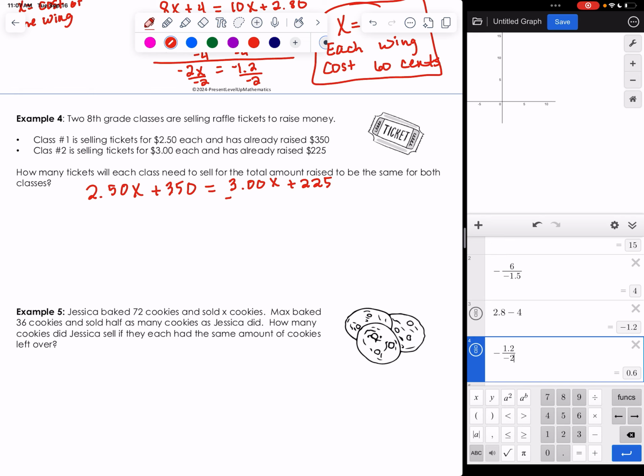So we'll start off by subtracting the 3x from both sides. That would give me negative 0.50x plus 350 is equal to 225. Now subtract your 350 and divide. Subtract 350.